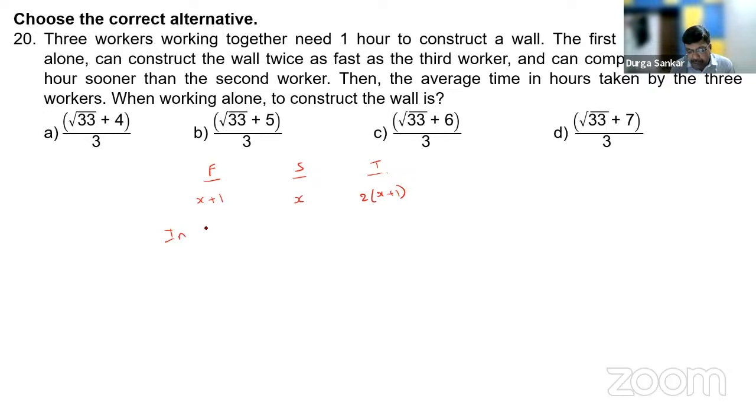So in 1 hour, the first person will do 1 by X minus 1 of the work, the second person will do 1 by X of the work, and the third person will do 1 by 2 into X minus 1 of the work. But in 1 hour, all these 3 workers will complete the job.